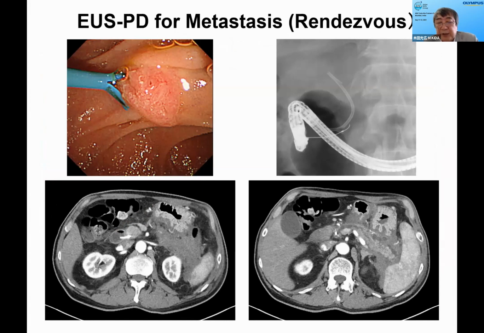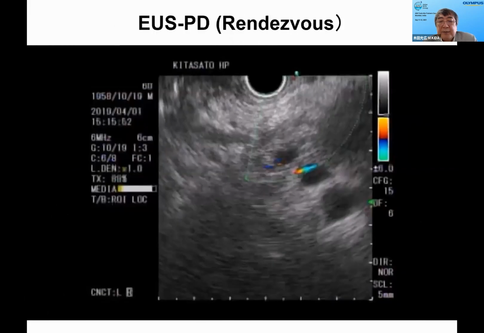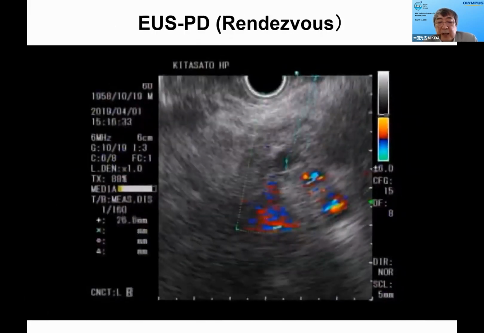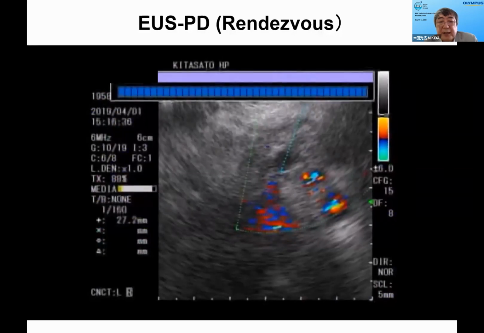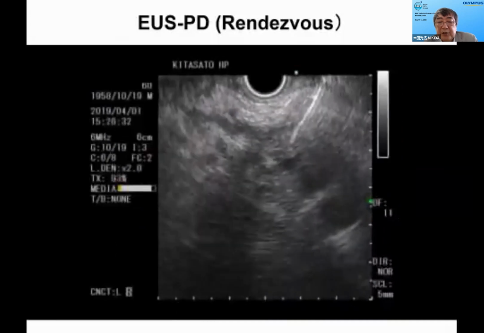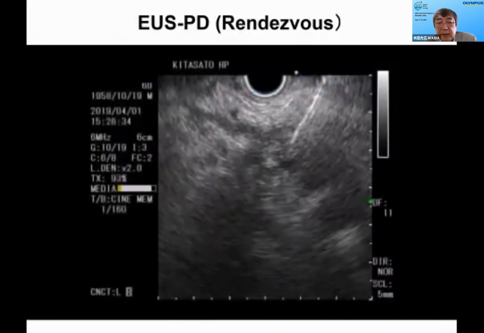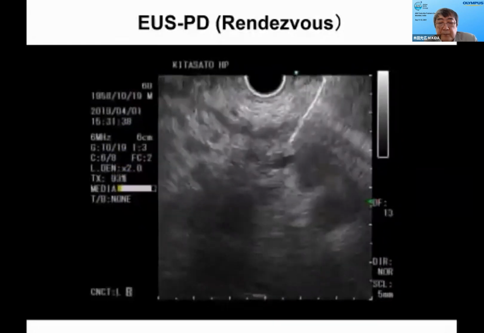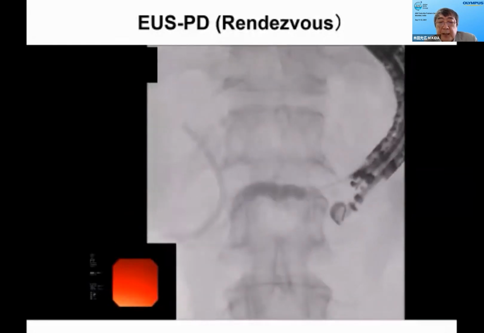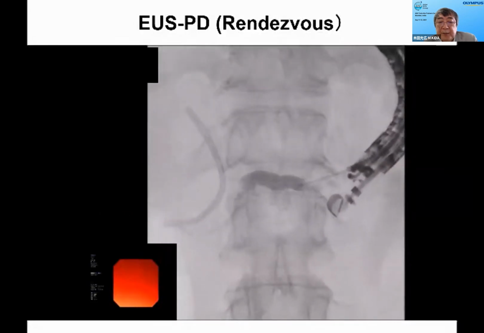This is the rendezvous technique. There is a metastatic region, and also the MPD is dilated. And also you can identify the dilated MPD. At first, we measure the distance. Then we puncture the MPD with the 19 gauge needle. Fill the contrast into the MPD.